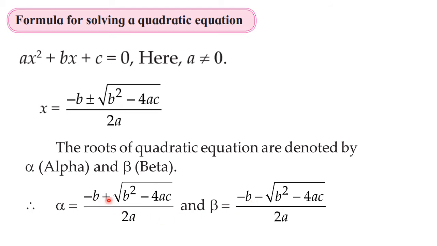When we take the plus sign here, then it is alpha, and when we take the minus sign, then it is beta. Okay. Now here these values you can interchange also. It is not compulsory that this is going to be alpha and this is going to be beta. Any one root is called alpha and the other root is called beta. Okay. So here you can see this is the symbol of alpha and this is the symbol of beta. So here we are going to use this formula directly now.